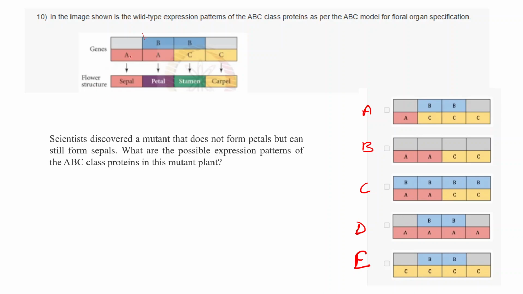For petal formation, you require AB. For sepal formation, you require only A. There is a problem in petal formation, that is, this combination should be wrong. So you just have to select a combination where this is wrong but this is right. You understand? It's a very logical question. Think. Anyways, we are going to discuss it. Just think about the question.